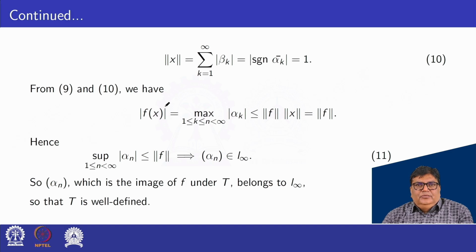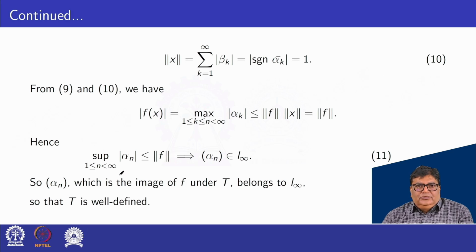So mod fx defined by max of mod alpha k or supremum of mod alpha n, here 1 less or equal to k less or equal to n less than infinity. So n lies between 1 to infinity. So it can be written as supremum of mod alpha n less or equal to norm f.